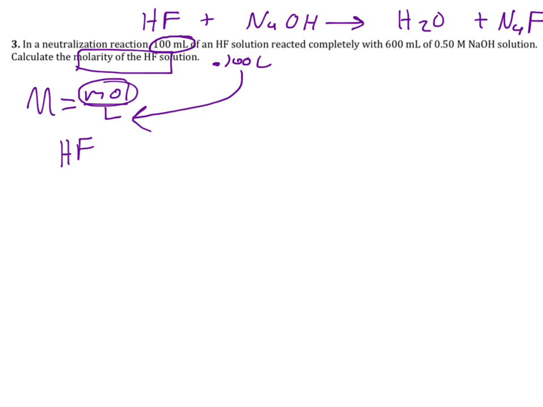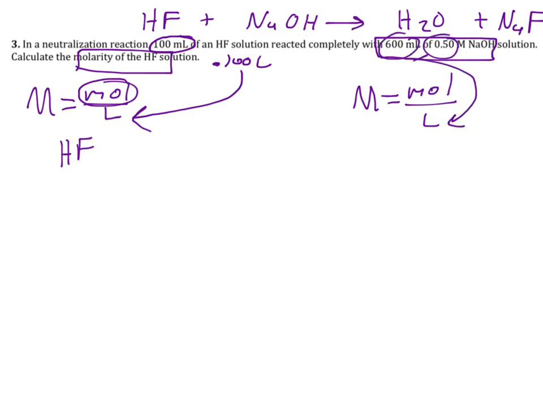But we're not given the moles of HF, but we are given this information right here to where we can calculate. So again, we can use the molarity equation to plug this into here, and then plug this into here, and we end up with 0.5.